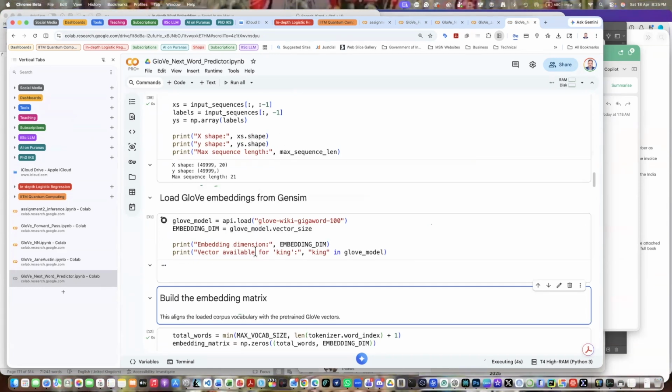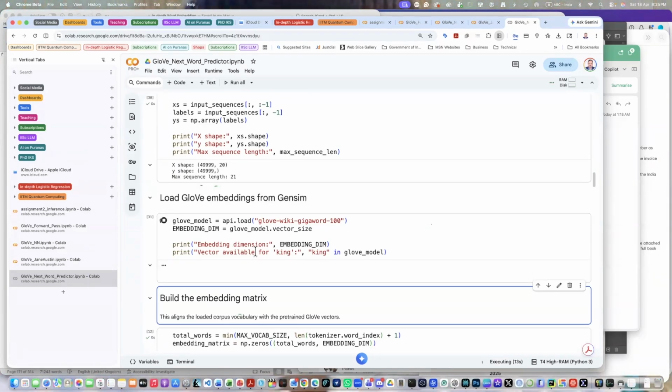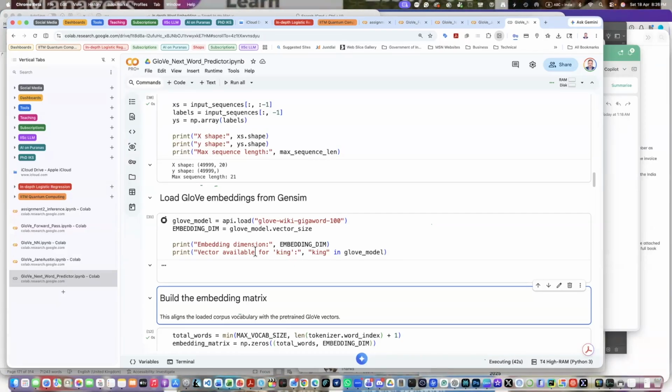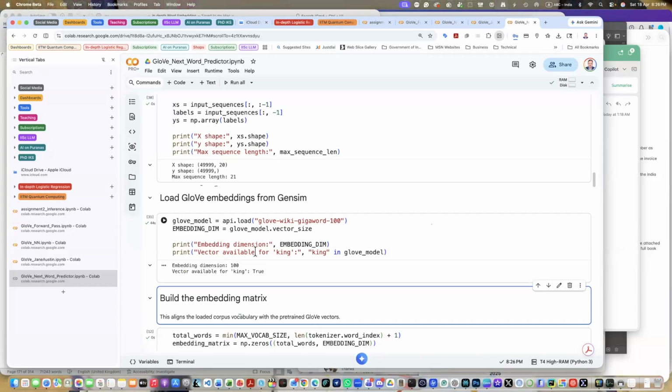Let me see what the embedding size is. So let me extract that. Okay.